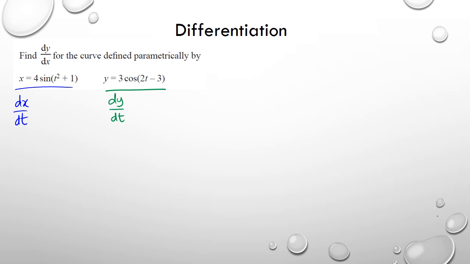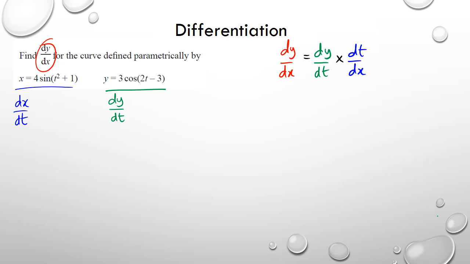All right? And just remember that I'm trying to figure out dy over dx. So we know that we could actually find dy dx by doing this, because dy dt, I can write it like this, and of course I multiply this with the inverse of dx dt, which will be dt over dx. All right, that's how I find dy dx.